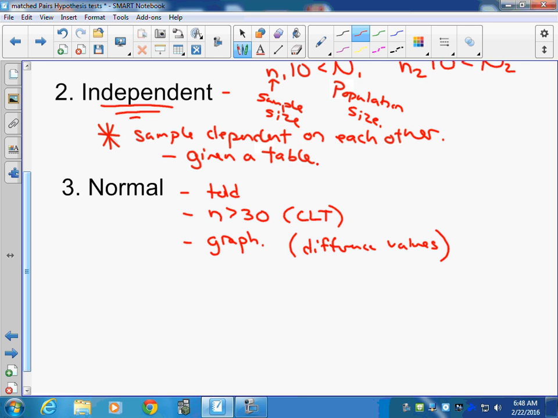So you're going to start doing your work on the front end for this test by finding the differences and then using that single graph to test for normality. You're doing your box and whisker plot, and you're just verifying that there are no outliers and no extreme skew in that situation.